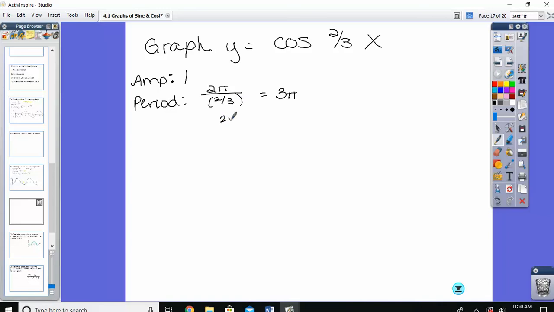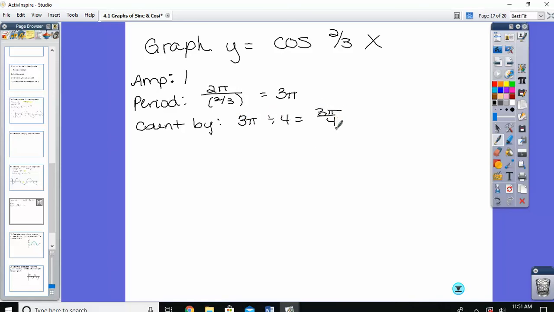Or you can think of it as flipping and multiplying. So those 2 should drop. Count by, we do what? Period divided by 4, so just 3 pi over 4.